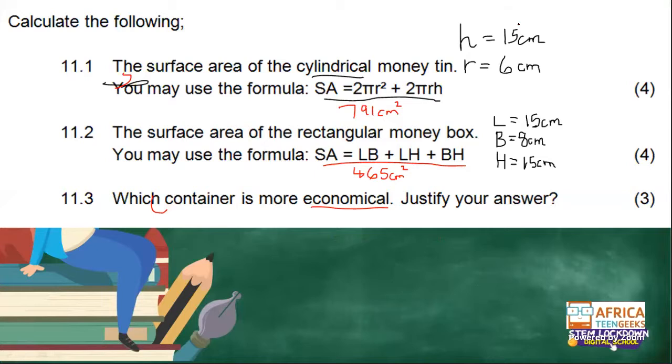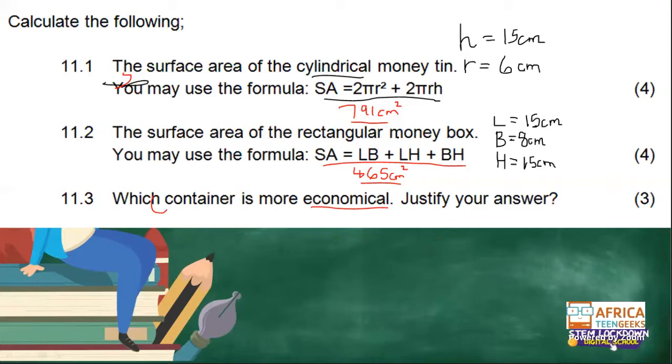Okay, Priyanka says it's a cylinder. Cylinder is more economical, right? And let's see if Priyanka is correct. Now, looking at these two areas, you can see that the cylinder needs more material to make, whereas the rectangular box needs less material to make.